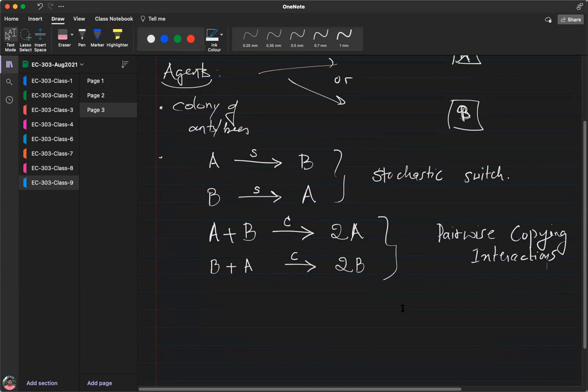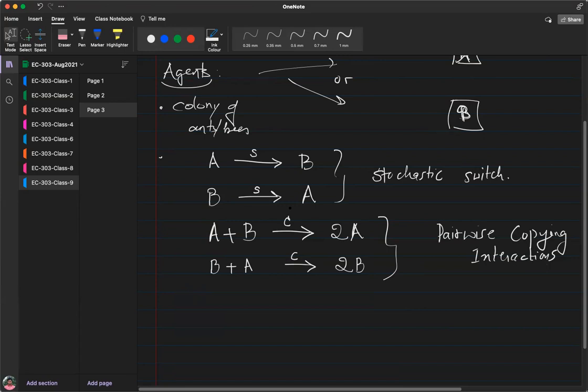So for A plus B and B plus A, the probability C is for both of them, right? Not that each has a probability C. No, it's only for one of them. So whoever turned, in this case B turned A, that happens with probability C. Likewise here, A turned B, and that happens with probability C. In fact, because S and C are not really limited between 0 and 1, this could really be interpreted as rates.